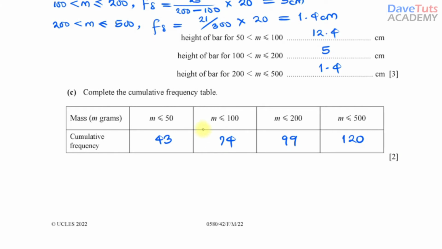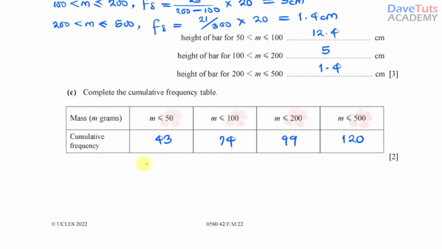I think in the next question we are being asked to draw the cumulative frequency diagram, and what we just need to note here is that since we are given m is less than or equal to 50, we have our upper class boundary defined already in this particular case. So we can take 50 as our upper class boundary, then 100, 200 and 500 as the upper class boundaries that we'll be working with, and then we have this as our cumulative frequency.